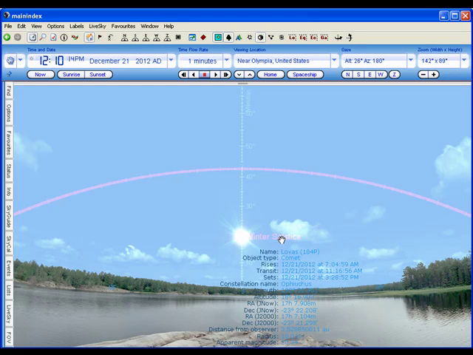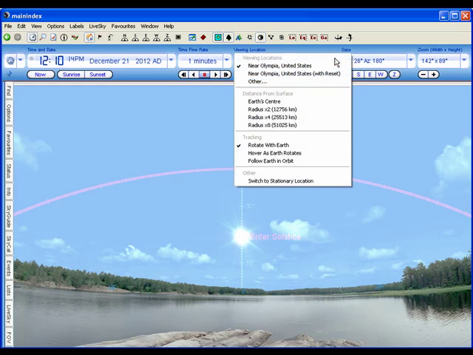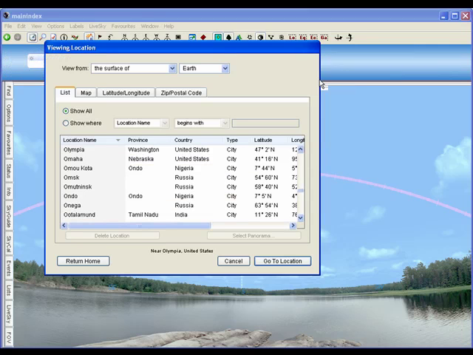This pink line that you see is the celestial equator, and Olympia has a latitude of 47.2.